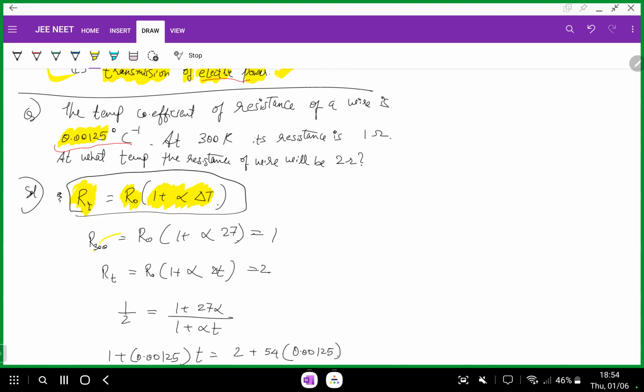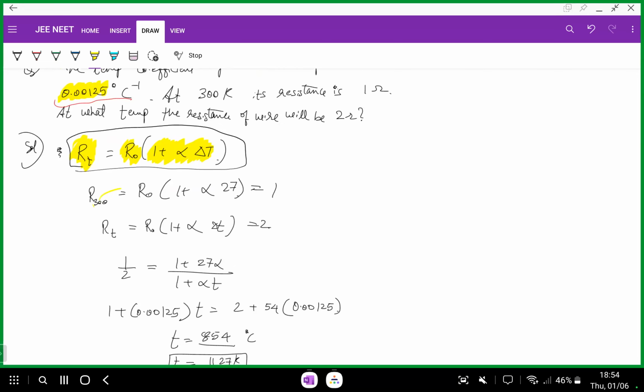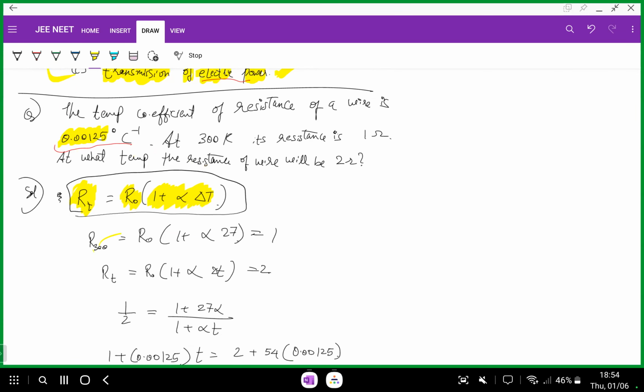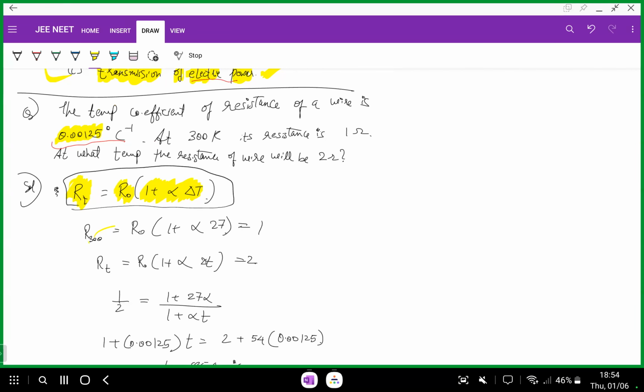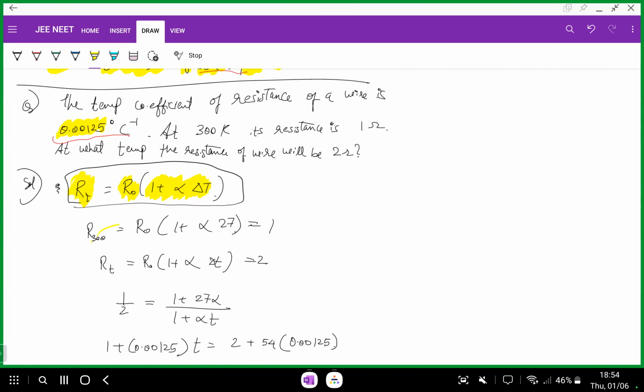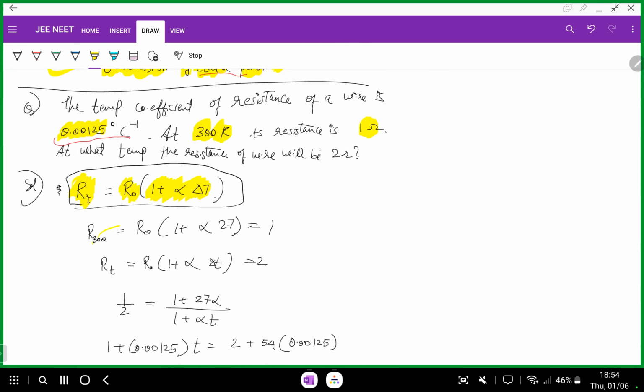Now in this one, they have asked: at 300 Kelvin, resistance is 1 ohm. At what temperature will the resistance of the wire be 2 ohm?